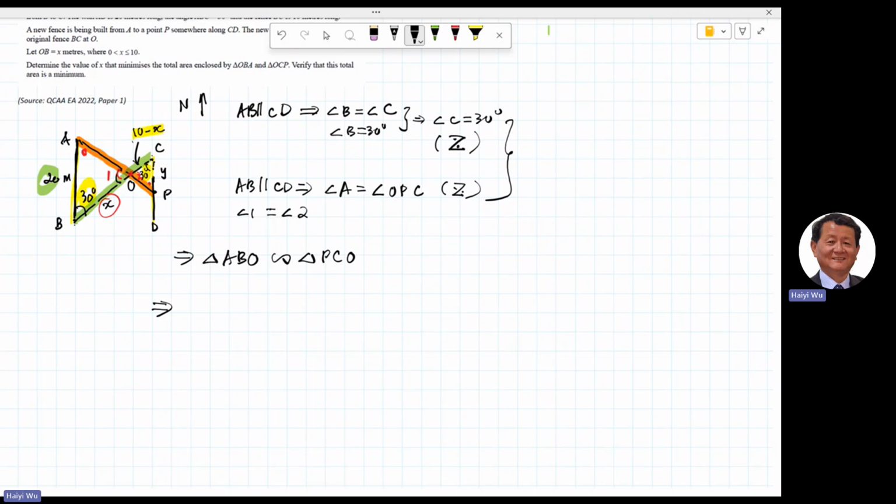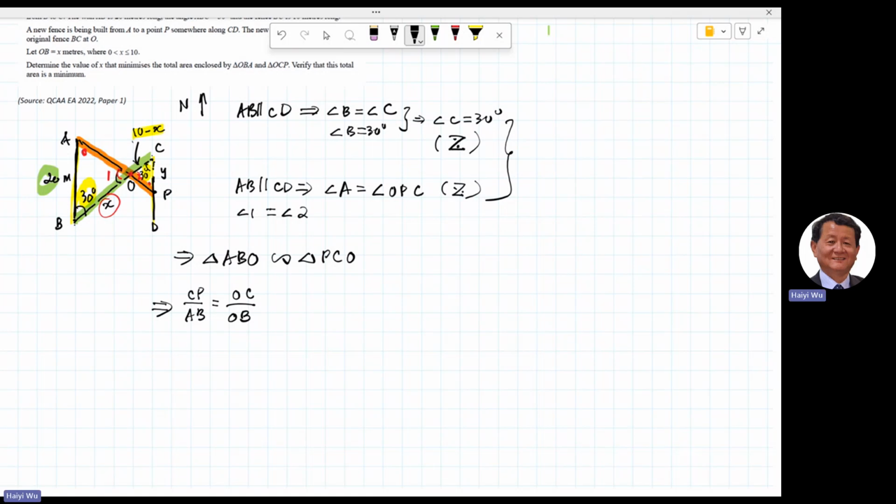The ratio between the corresponding sides should be equal. So CP over AB must be equal to OC over OB.